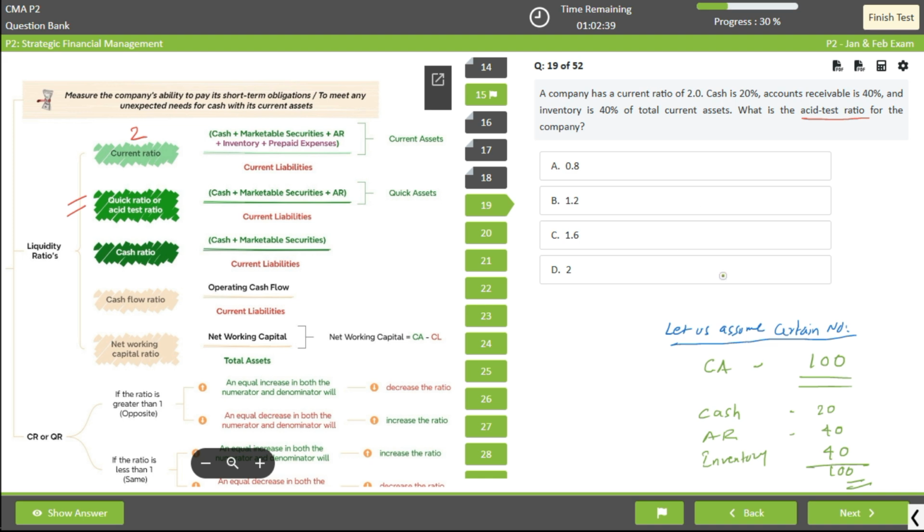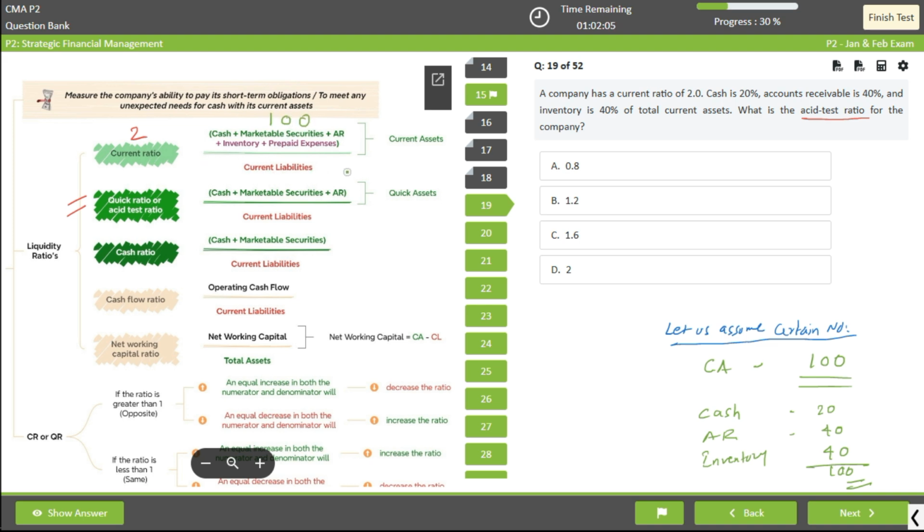So now your current assets are 100 and your current ratio is 2. In order to find the acid test ratio, we need current liabilities. So let us find the current liabilities first. Current assets are 100.